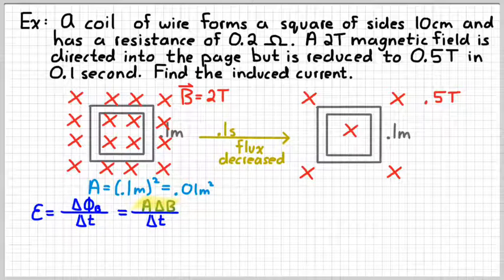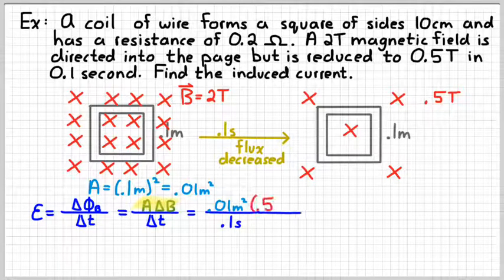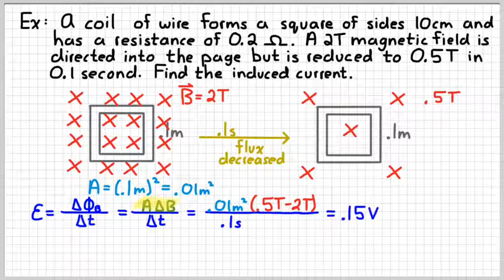Area is not changing, it's the field that's changing. And so my time was 0.1 seconds. The area doesn't change, so I'm just going to write that as 0.01 meters squared. And then we go from an initial value of 2 to a final field value of 0.5. So final minus initial will look like that, which would give me 0.15 volts.